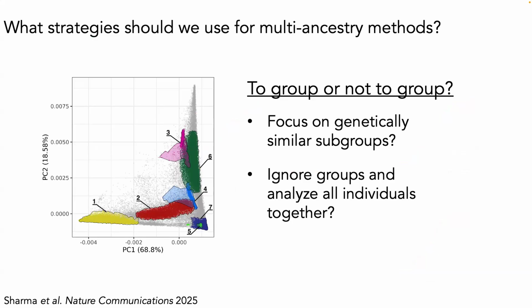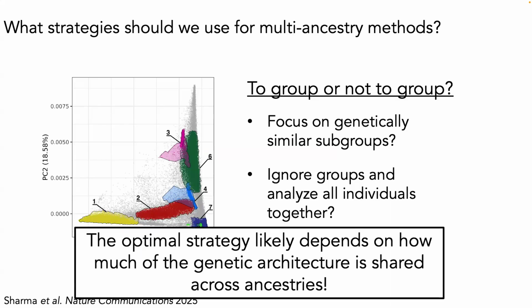Or maybe it's a better strategy to just ignore groups and ancestry labels altogether and do analyses across the entire cohort at once. We realized that we didn't actually know how to answer that question, because the optimal strategy likely depends on how much of the genetic architecture of whatever trait we're interested in is shared versus ancestry specific across different groups.